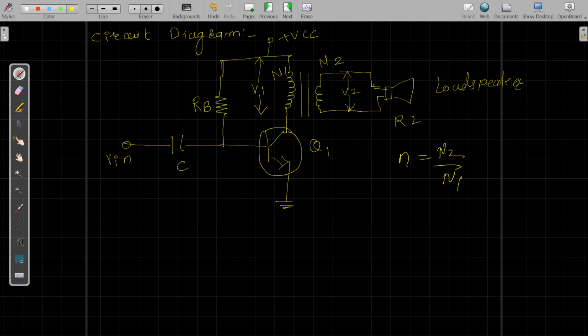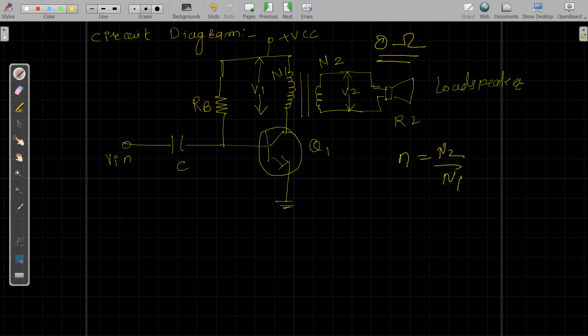Now we are going to do the DC analysis for this. Whenever we do DC analysis, we will not have the AC, and because of that the capacitor will be open circuit, so you are left with only this RB and this transformer. What we assumed in the starting also is that the transformer we are using is an ideal transformer, that means the winding resistances are 0 ohms.